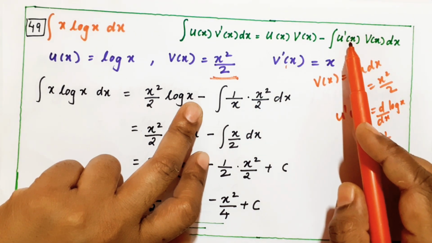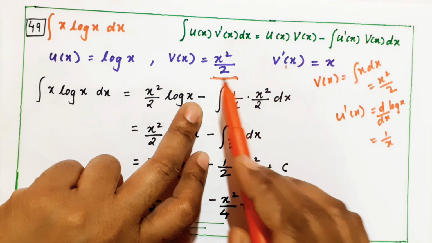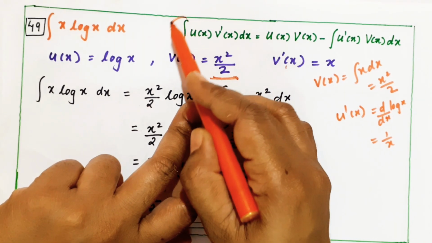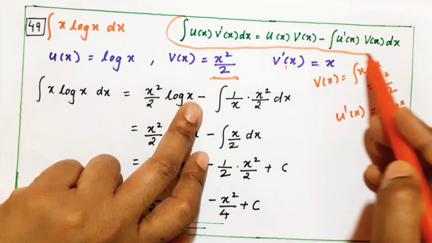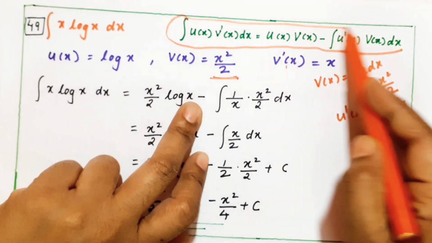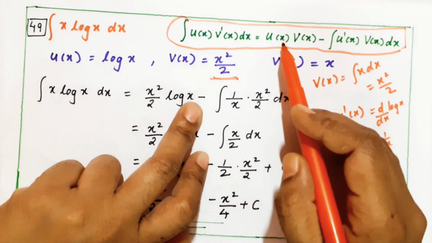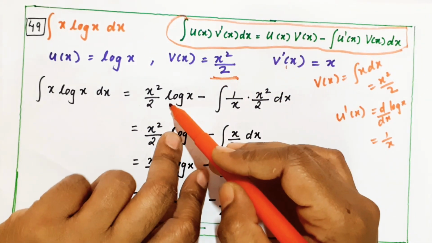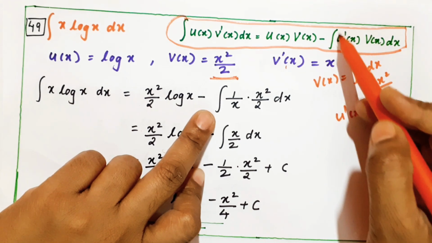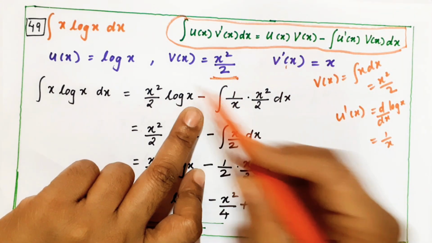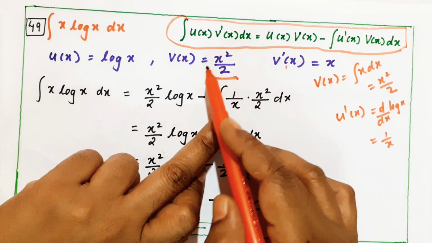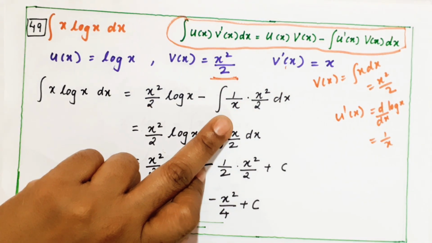u dash x v of x. What is v of x? X square by 2. So, this is your formula. In this formula we are substituting nothing more: u of x is log x, v of x is x square by 2, minus integral of u dash x, which is 1 by x, v of x, x square by 2 dx.